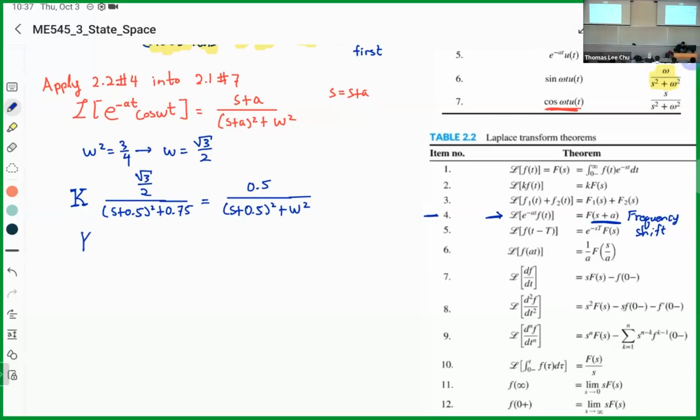Once we solve for k, apologies for that, we get k is equal to the inverse of that, so 1/2 multiplied by 2/√3, which is equal to 1/√3.